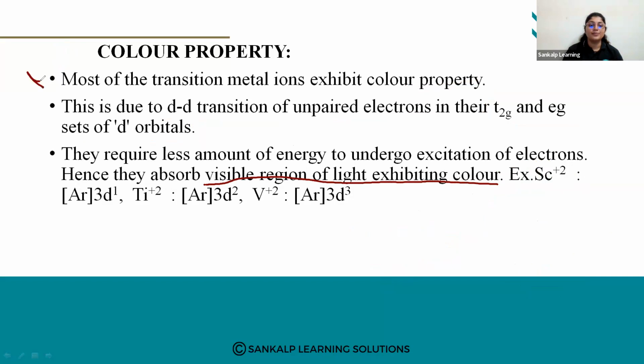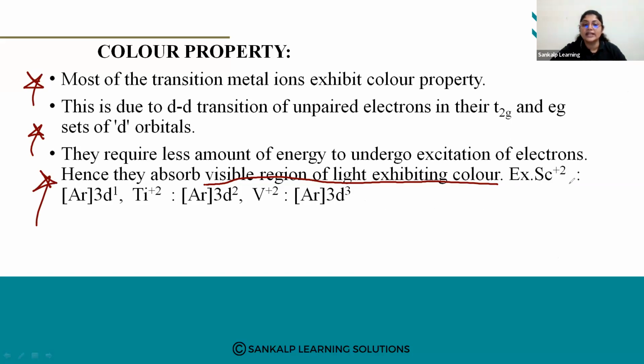These are the important points for the color property. Due to d-d transitions of unpaired electrons present in t2g and eg sets of d orbitals, they require less energy to undergo excitation, hence they absorb the visible region of light, exhibiting color.